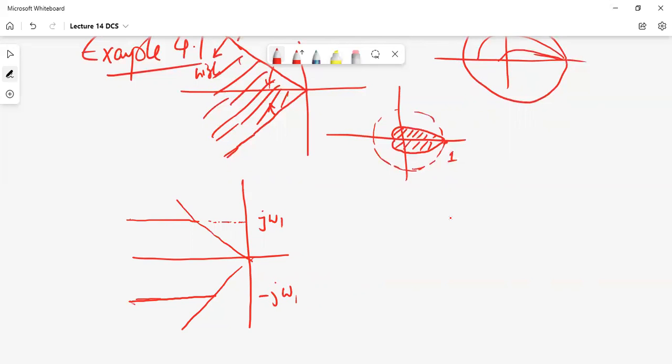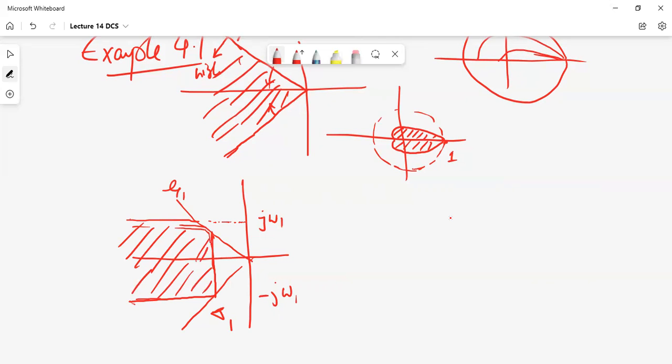The two zeta values, zeta 1 and zeta 1, are both the same. Since we are interested in this particular zone, my drawing is not proper, but it has to be something like this, and it is also controlled by these zeta lines and the sigma lines, sigma 1. So actually, we are interested in this zone.